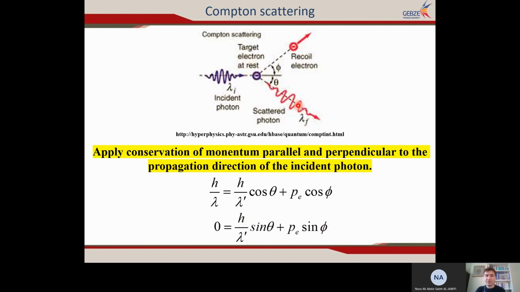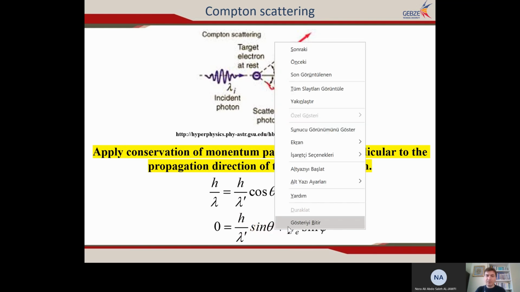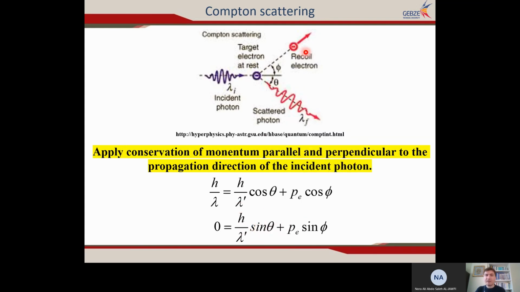So on the right side, we have the momentum of the photon along the y-axis, given by h over lambda prime sine theta, plus momentum of the electron along the y-axis, which is given by momentum of electron times sine phi. So now I have two equations, and I got these two equations by using conservation of momentum.